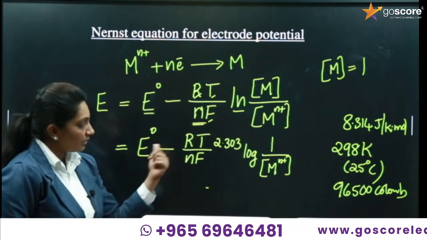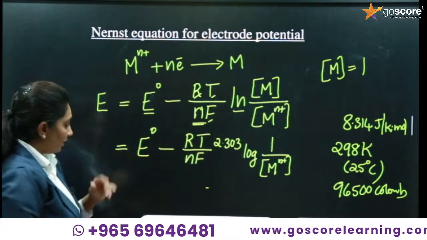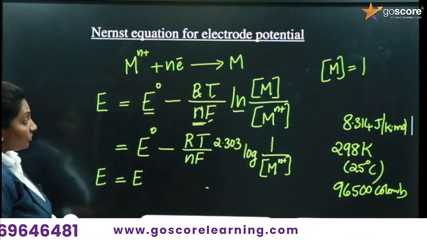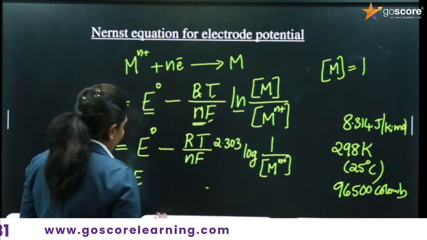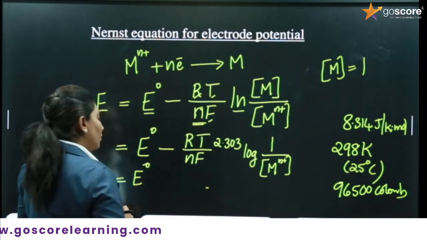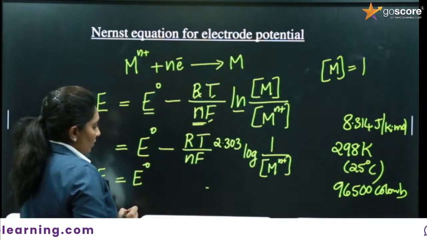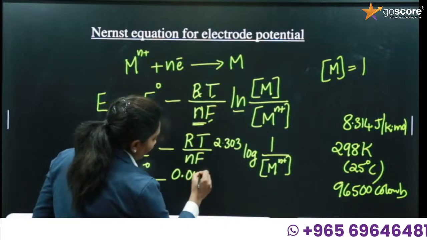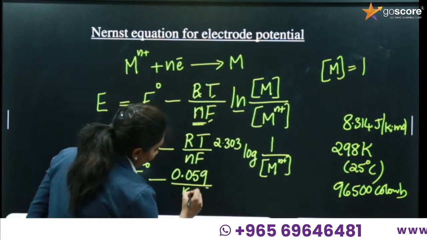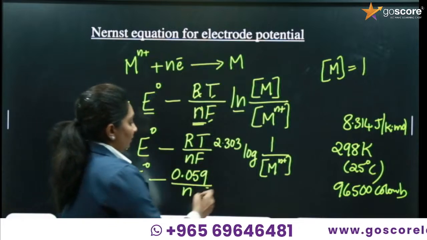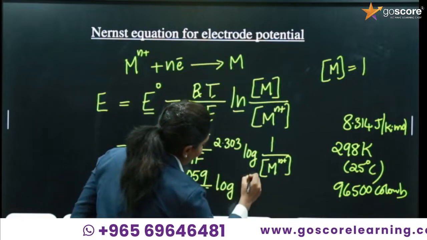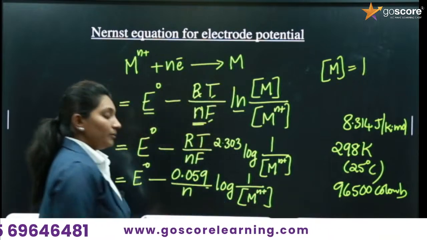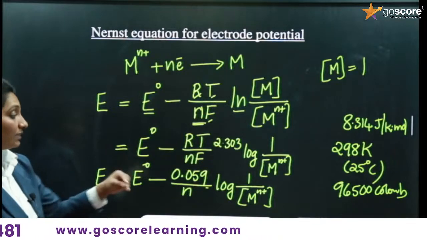So after substituting the values of R, T and Faraday, what we will get is: the electrode potential of the metal electrode at concentration other than 1 molar is equal to the standard electrode potential of that metal minus 0.059 divided by the number of electrons into log 1 by concentration of the metal ions.